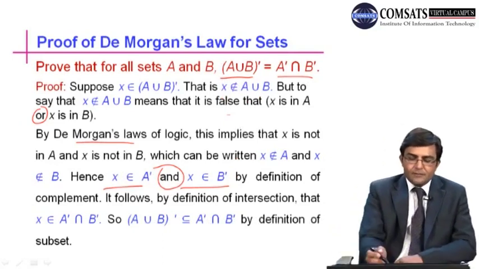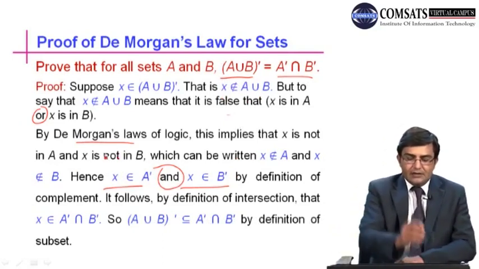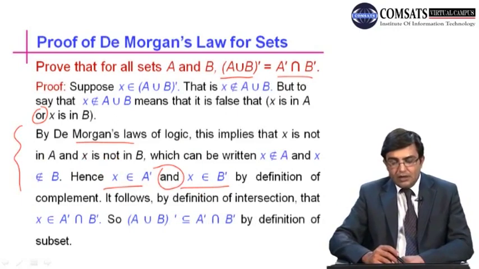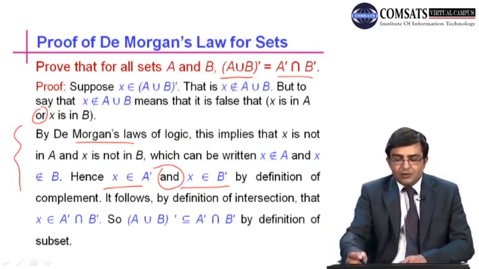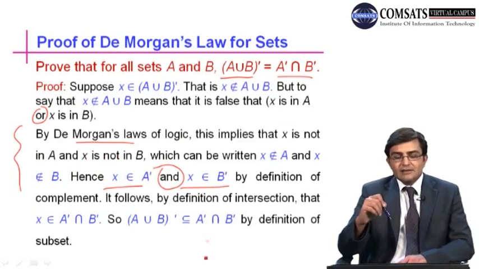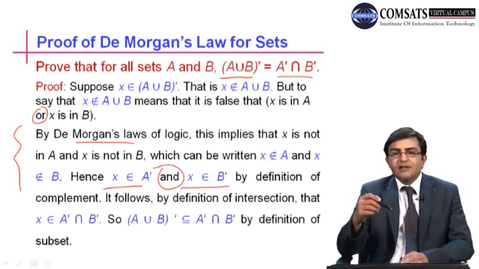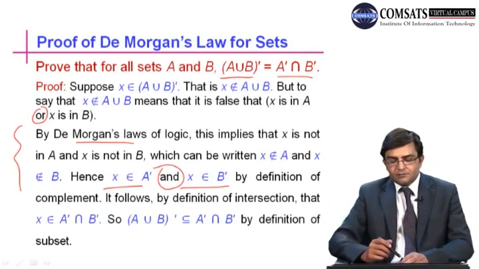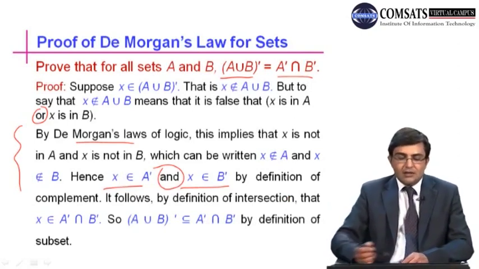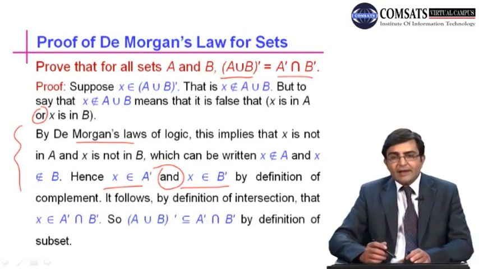This is what I have written here, that if X doesn't belong to A union B, it means X doesn't belong to A or X doesn't belong to B. And the negation of this is basically, as we have discussed in logic, X belongs to A complement and X belongs to B complement.